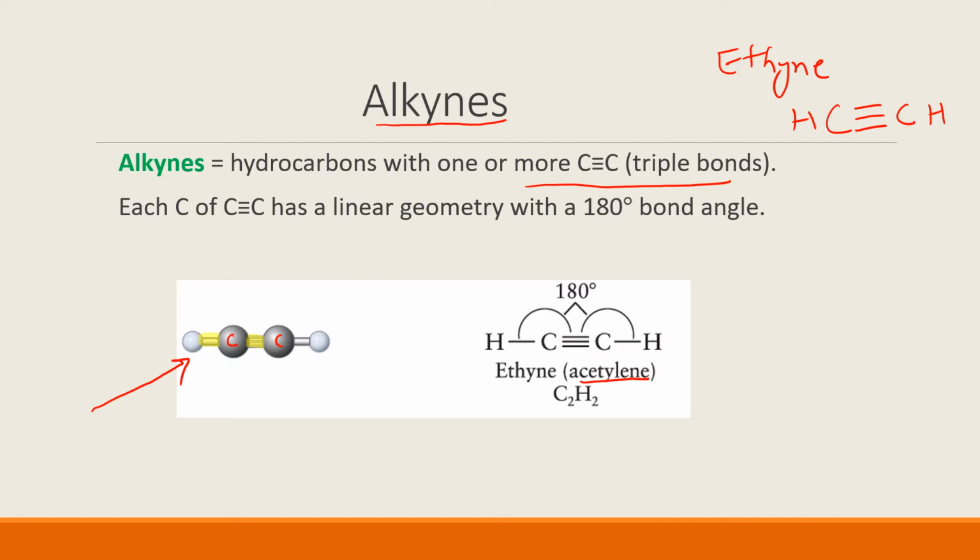So the bond angle at the carbon atom where the triple bond is located is 180 degrees, and the geometry of alkynes at the carbon-carbon triple bond position is linear.